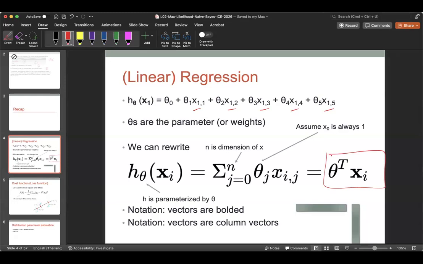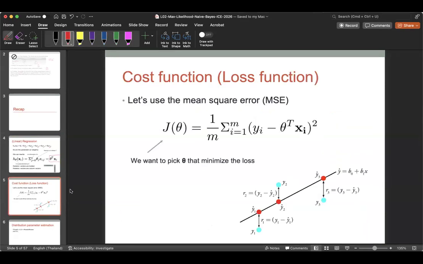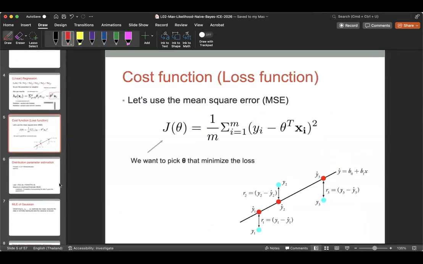And to train this model, we use the mean square error to compute the loss function, which is the error of the model squared, so that you can combine the positive and negative errors.